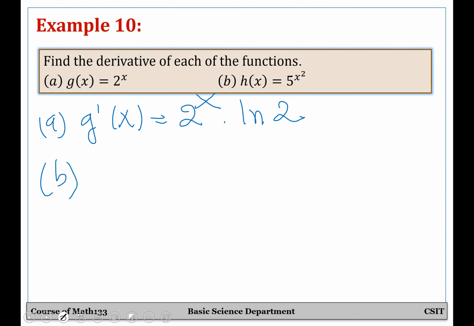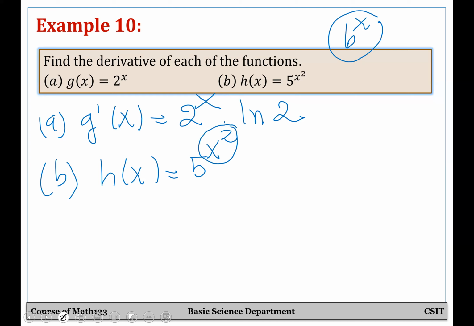And the second one, h of x is equal to 5 to the x squared. Here it's not directly a power of x, so I will make it powered by an x. So if you want to take the derivative of this function, since we don't have the form b to the power x, it's not that far. This is like the chain rule because the power here is x squared.